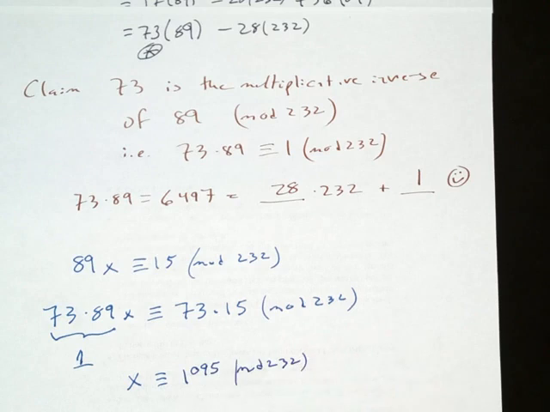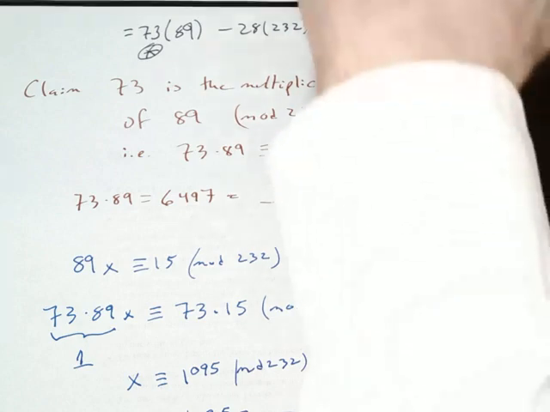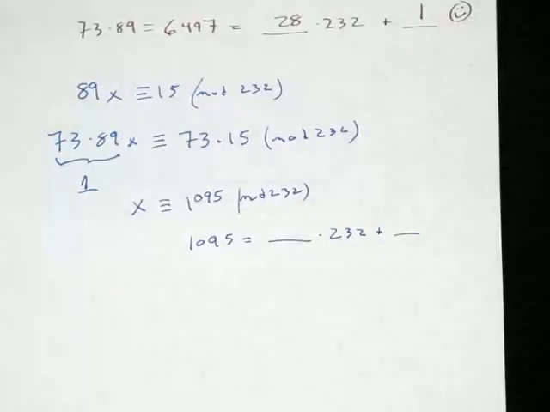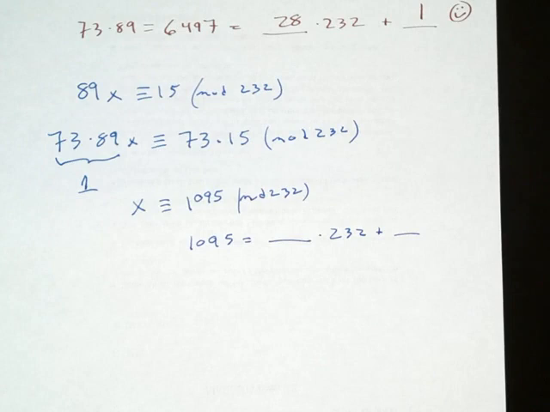Now do that mod 232. What is the quotient and the remainder?